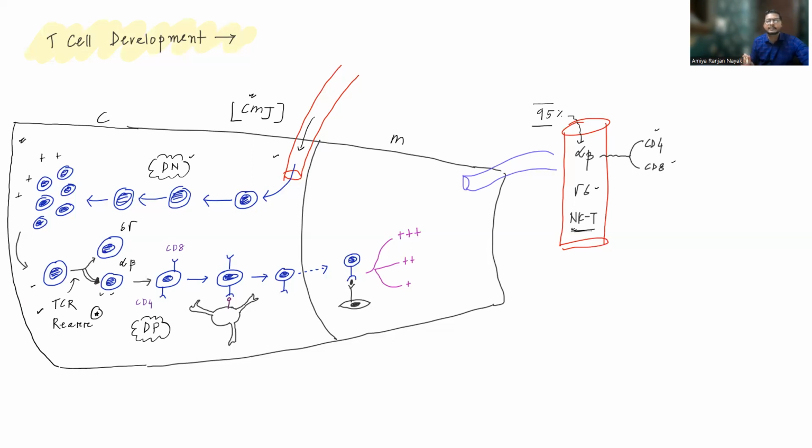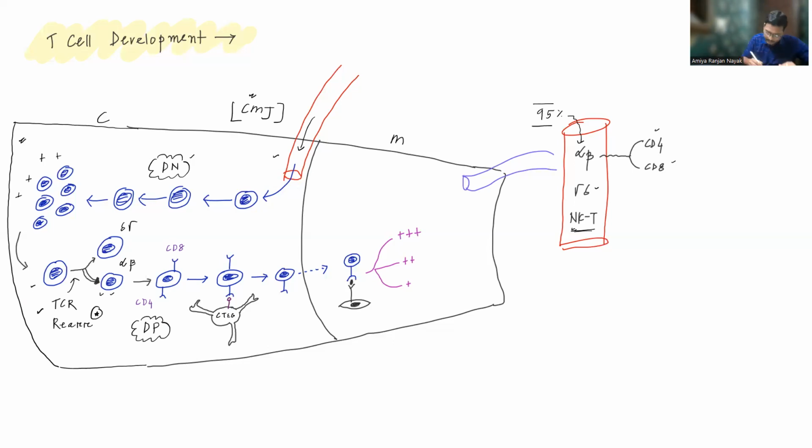Once double positive T cells are formed, the cortical thymic epithelial cell will come and present the MHC molecules to this developing double positive T lymphocyte. If the cortical thymic epithelial cell can engage the MHC class 1 molecule with the double positive T cell, the CD8 will be activated and the CD4 expression will be reduced.